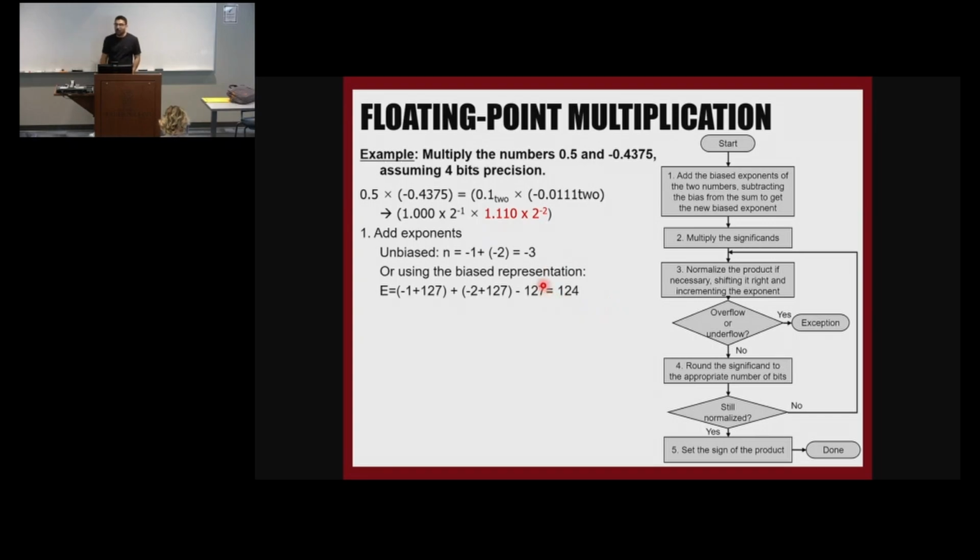Okay, so why do I say that you have to do all this? From our point of view as humans, when we're solving these, it's very simple. You just subtract these two and add 124. But what is actually happening in hardware, right? We add the biases, we subtract the biases. These are the things that it works with, because what hardware has access to is biased exponents.